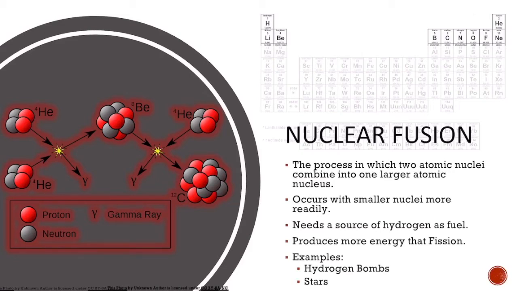And so let's take a look at our example over here. So I've got a helium nucleus right here and a second helium nucleus right here. And these arrows are showing that they're coming together and smashing together and forming a beryllium atom. And then beryllium here can fuse with another helium nucleus, and they'll form carbon when they come together.